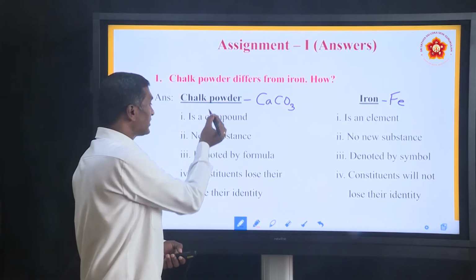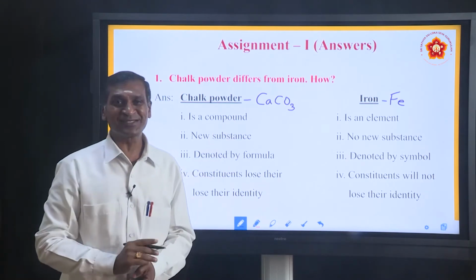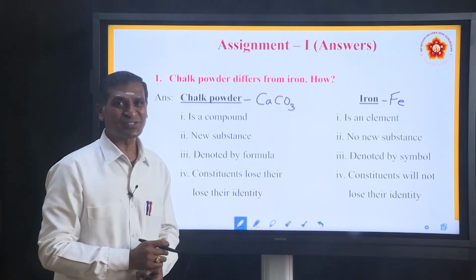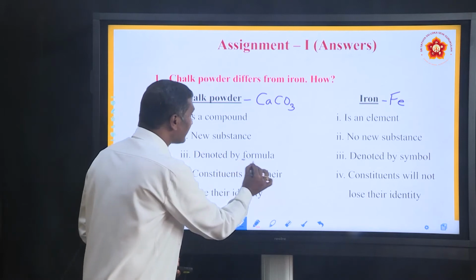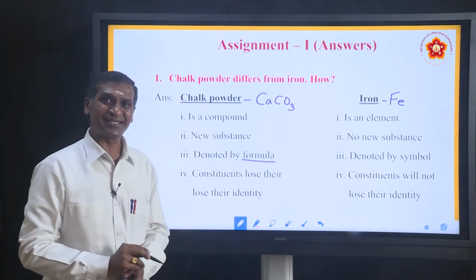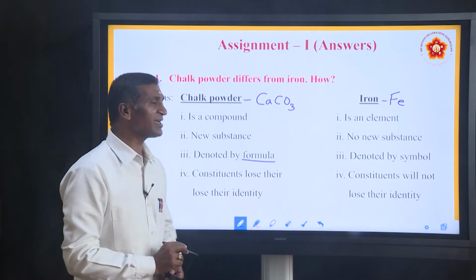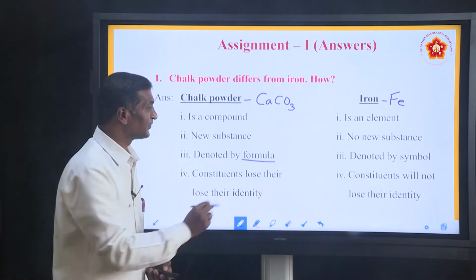The chalk powder, since it is a compound, a new substance is formed. Iron is an element, so no new substance. The chalk powder is denoted by the formula CaCO3. Chemical name, if I want to tell, calcium carbonate.